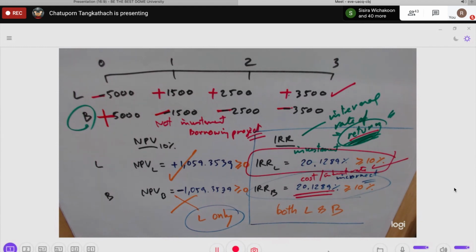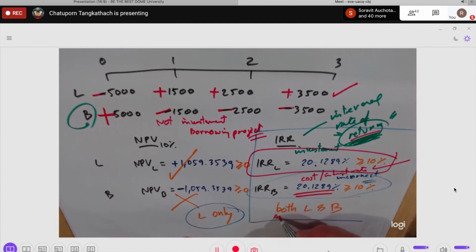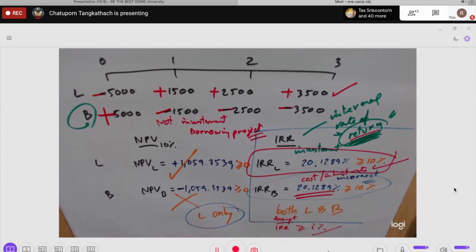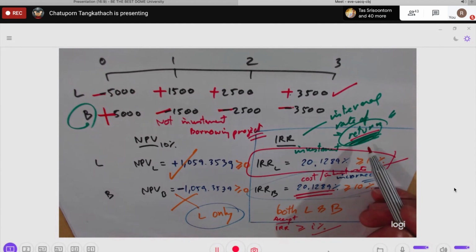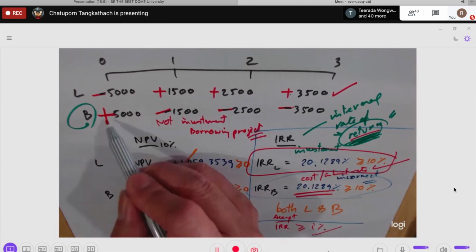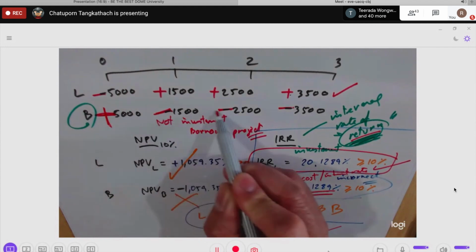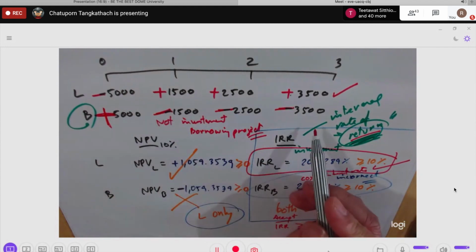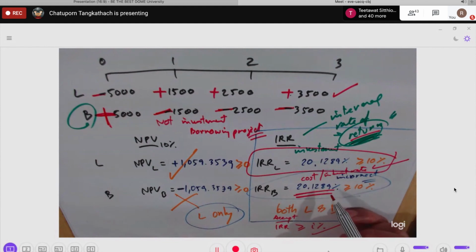So the rule that we accept when IRR is greater than or equal to the required return applies to investment projects only, not borrowing projects. When you see a borrowing project that receives cash first and pays cash later, IRR cannot be used because it violates the rules that we have.